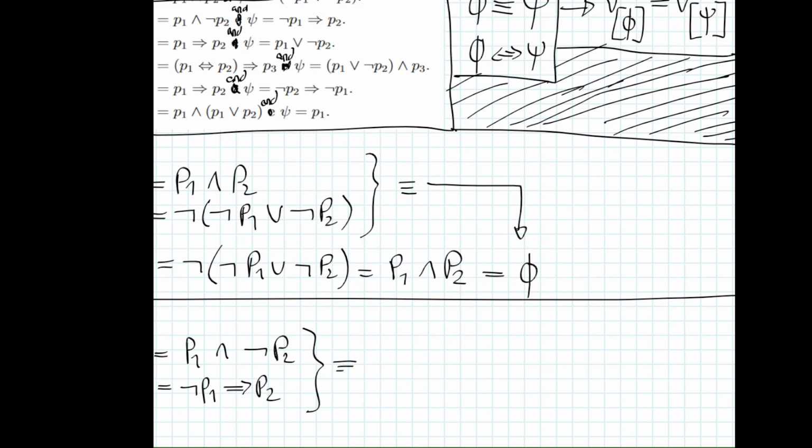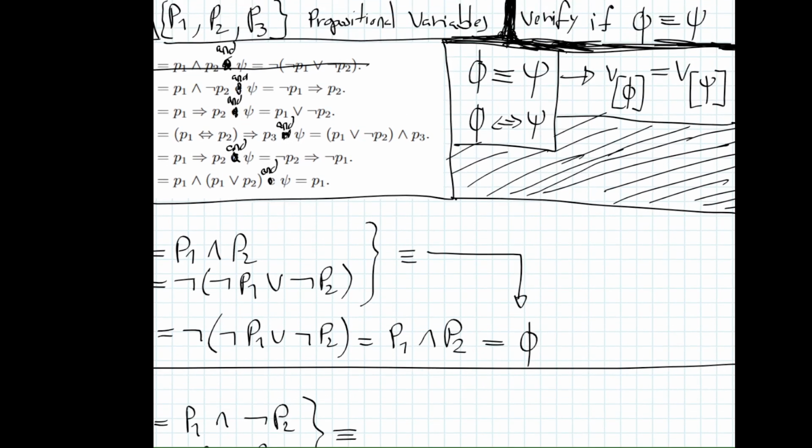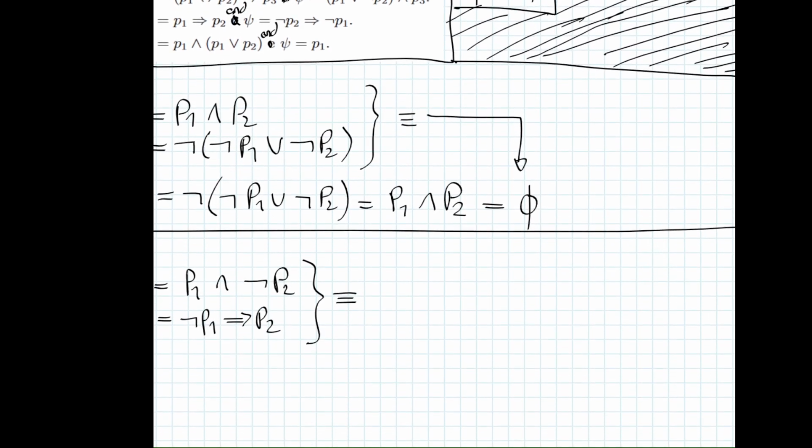So we want to verify if they are equivalent.